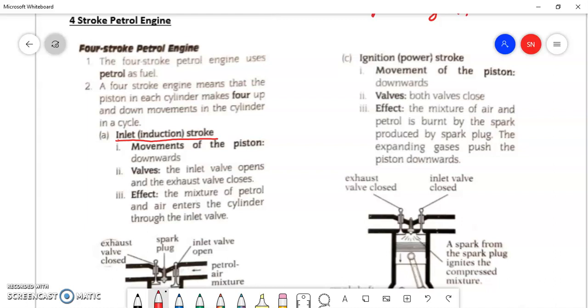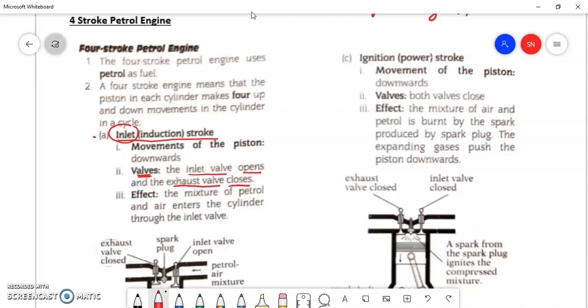From the word itself, inlet, during inlet stroke, what I want you to remember is the valve. First of all, the inlet valve in inlet stroke is open. So easy to remember, inlet stroke, the inlet valve is open and the exhaust valve will be closed.